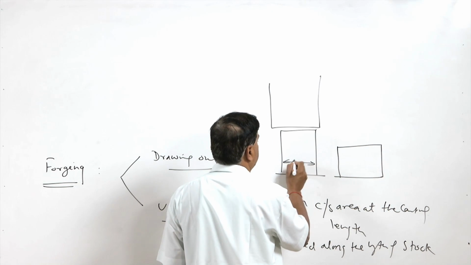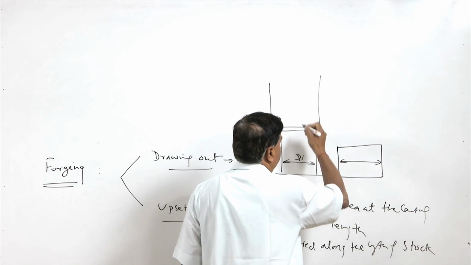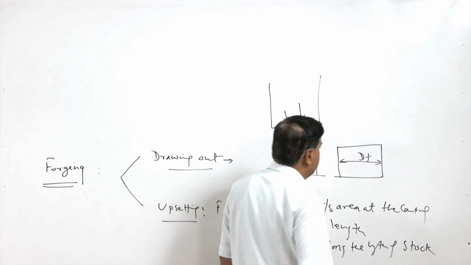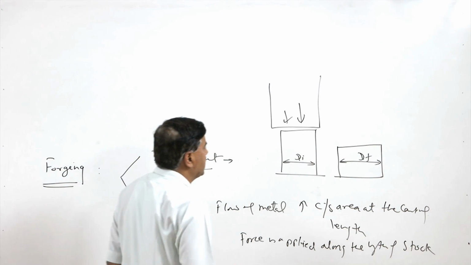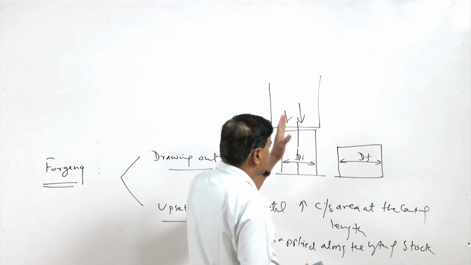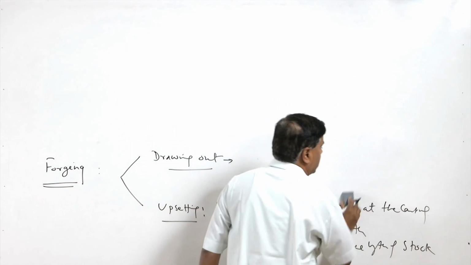Initially the diameter was di, and after the upsetting there is a significant increase in the diameter. This is what is called upsetting, and the force is applied in the length direction of the job. So, these are the two broad categories.